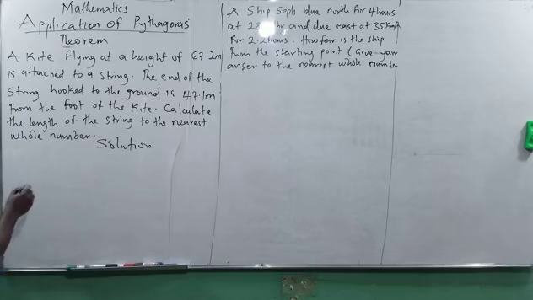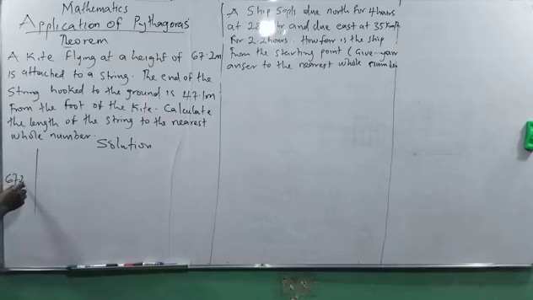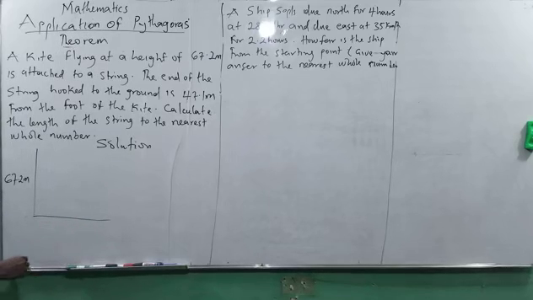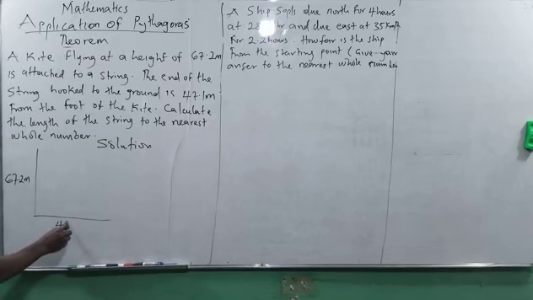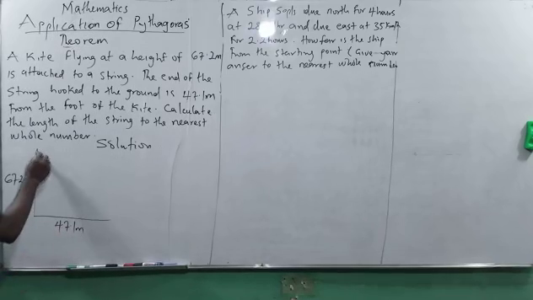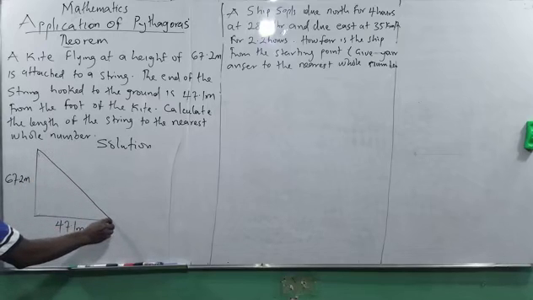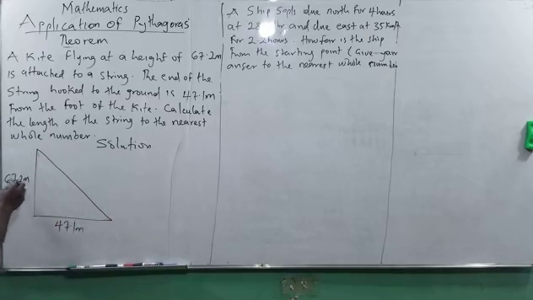The first thing you need to do is draw. This is going to be the height, 67.2 meters, and this is the distance, and this is going to be the length we are looking for.